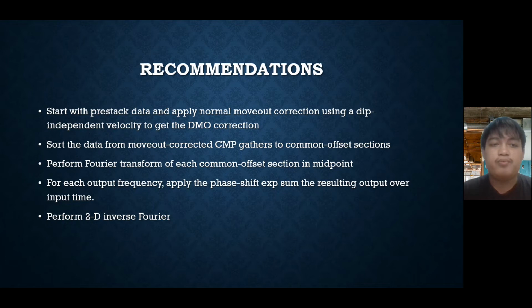The third one is to perform a Fourier transform of each common offset section in midpoint to reduce the error. And the fourth is, for each output frequency, we apply the phase shift exponential sum for the resulting output over input time. And the last one is to perform a 2D inverse Fourier transform on our DMO corrected data.